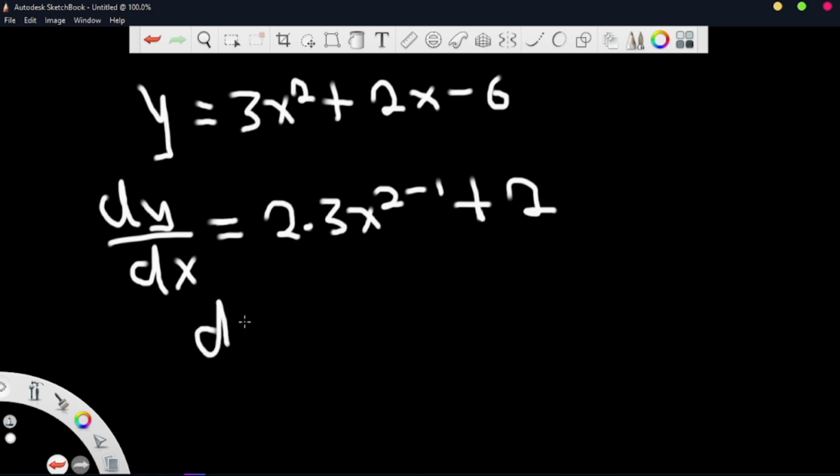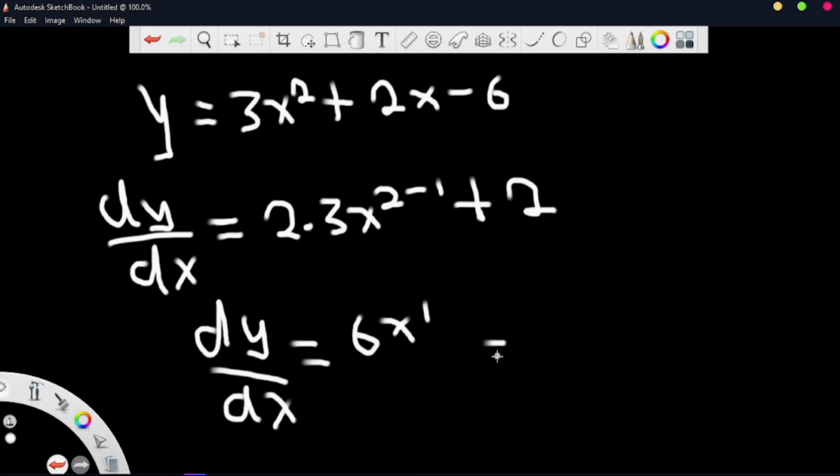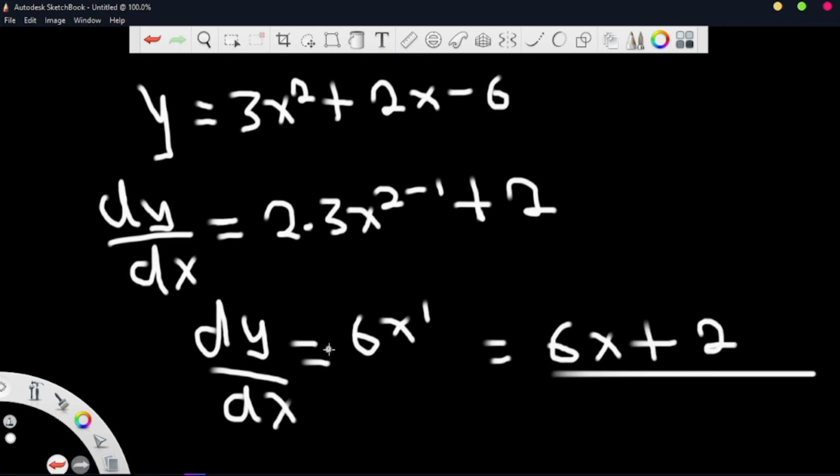That's just tedious and time wasting. So we'll have 2 times 3, which is 6, and then x to the power 1, which is just x, plus 2. So then we have gotten our derivative.